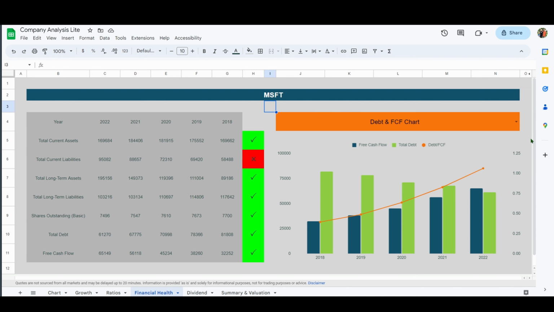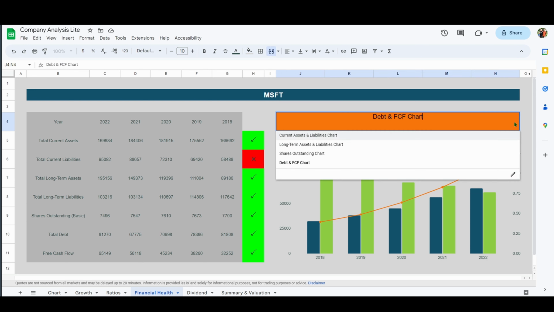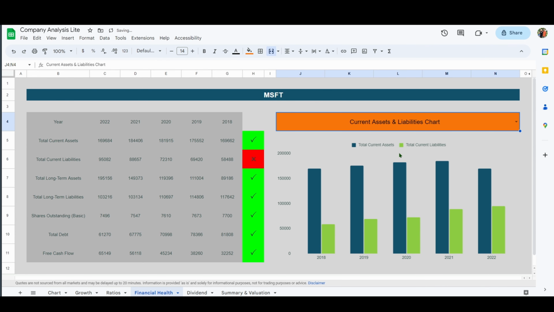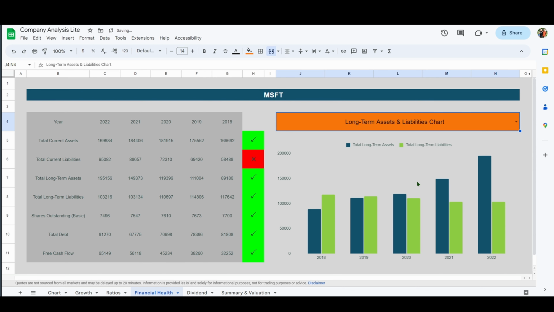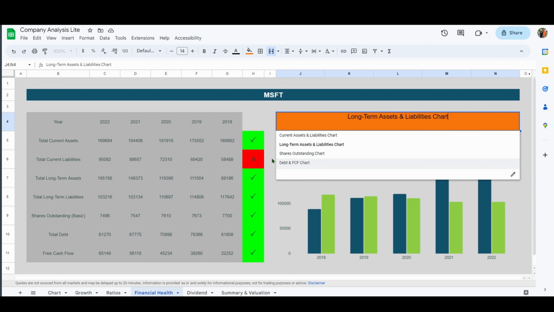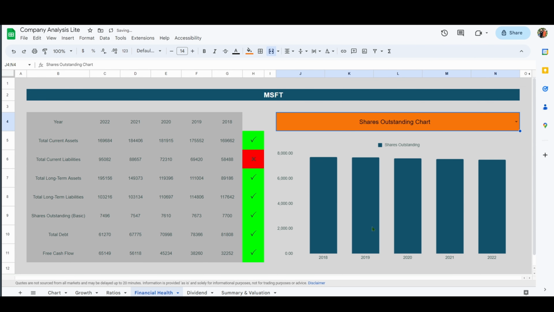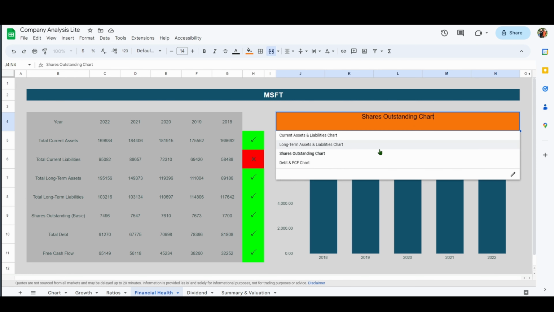Now, on the right side, you have a chart. You can choose which one you want here. There's a lot of different charts. The first one shows you how the total current assets and current liabilities have grown over the last 5 years. Next one's long-term assets and long-term liabilities growth over the last 5 years. Then is the shares outstanding chart, so you can see that the shares have gone down from 7,700 in 2018 to only 7,496 million in 2022.